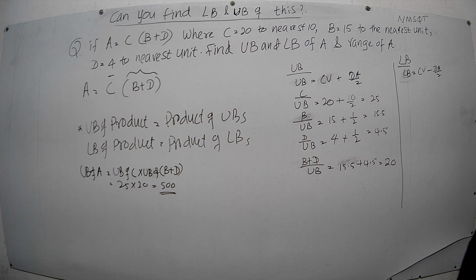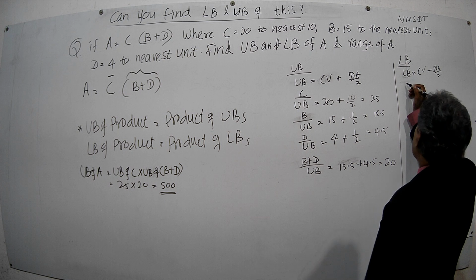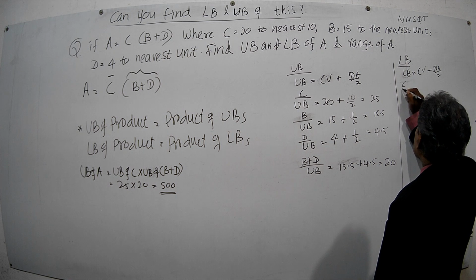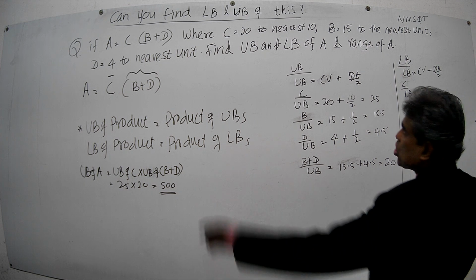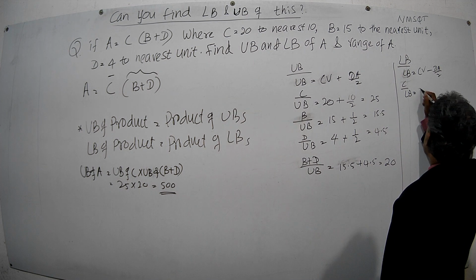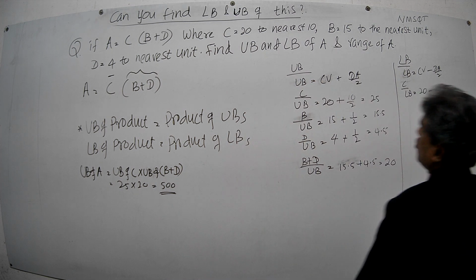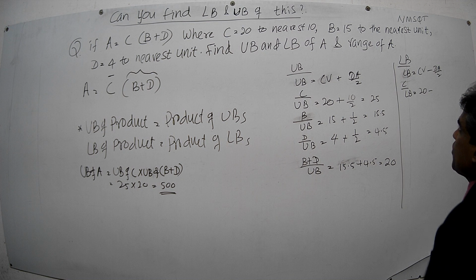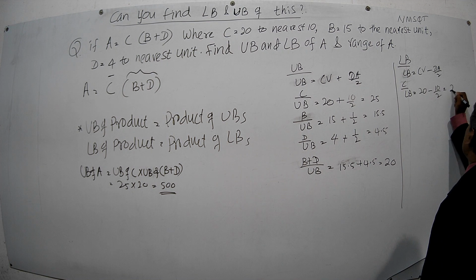Lower bound equals corrected value minus degree of accuracy over 2. Now find the lower bound of C. Lower bound of C equals corrected value, which is given, C is 20. Corrected value of C is 20. Then minus the degree of accuracy. 20 is to the nearest 10, so 10 is the degree of accuracy. Therefore 10 divided by 2 equals 5. So it equals 15.